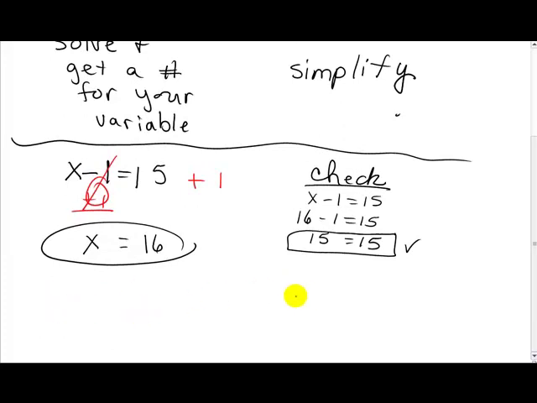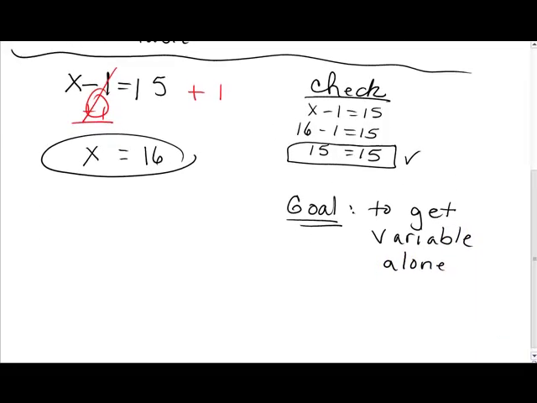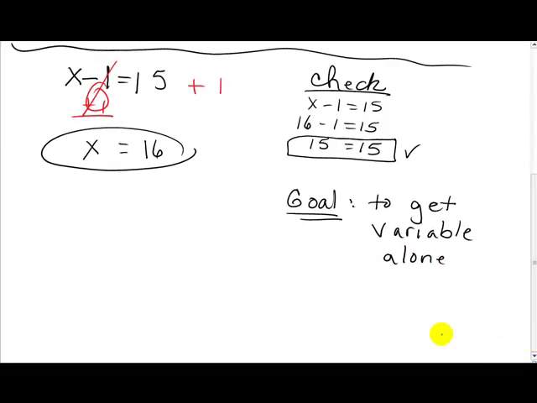We want to remember that when we're solving equations, our goal is to get the variable alone. And we're going to have several steps to do, like a checklist, to make sure that we're doing everything in the right order and getting everything done.